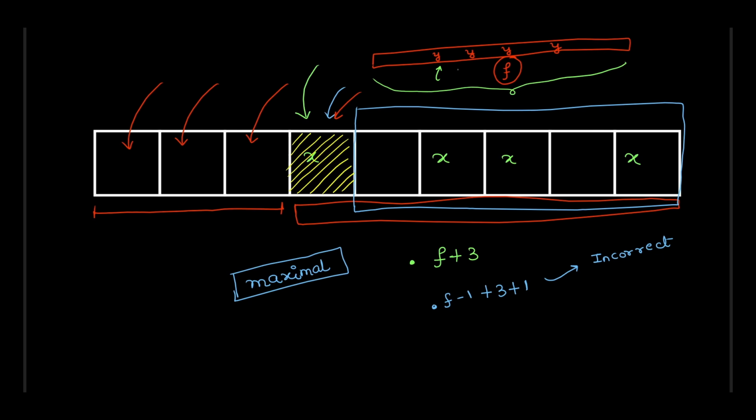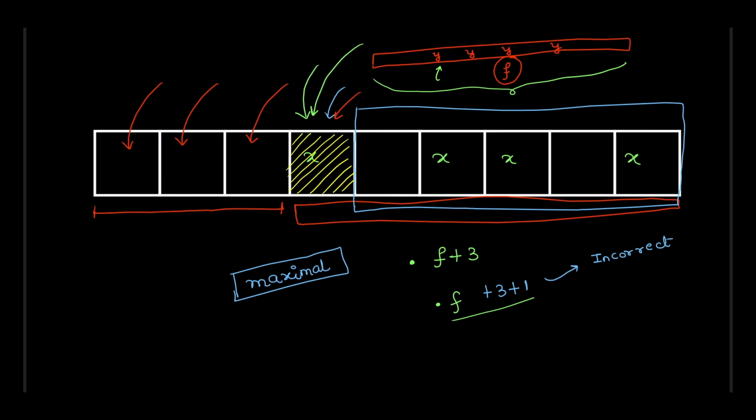So if you are lucky, that is exactly what would happen: once x leaves the window, y will take over, and this will actually not reduce to f minus 1. It will actually be equal to f, because y has taken over, and then you can see that f plus 4 is also possible.